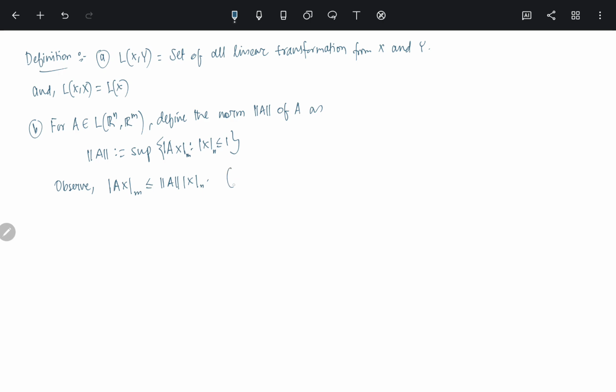So please check this part. Just keep this in mind that for any element y in Rn, y divided by norm of y has Rn norm always 1. Now you can use this fact to prove something like this. This is very easy to show, so please do that.